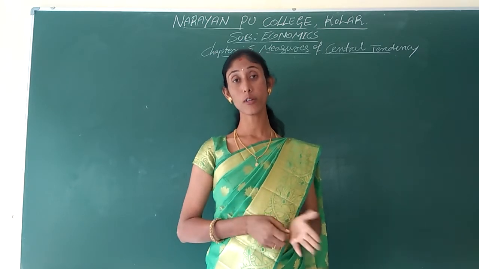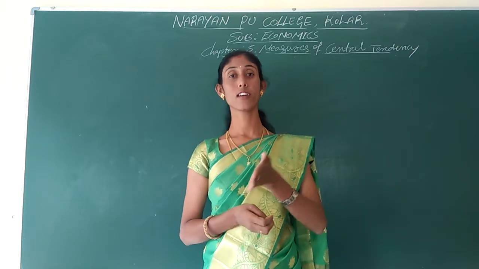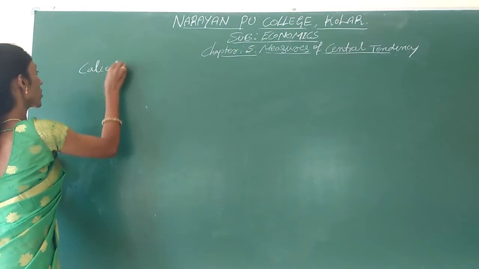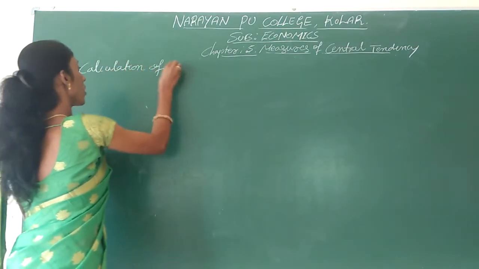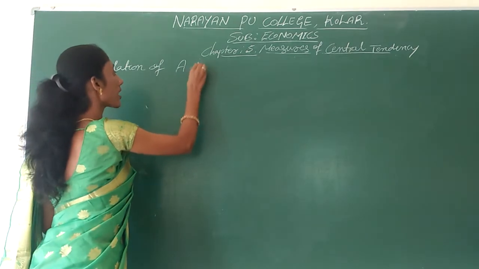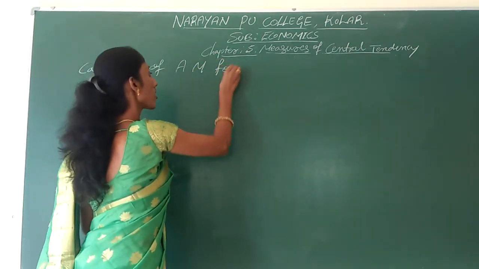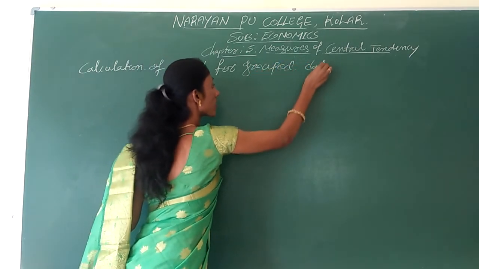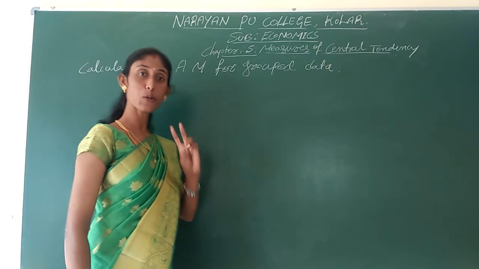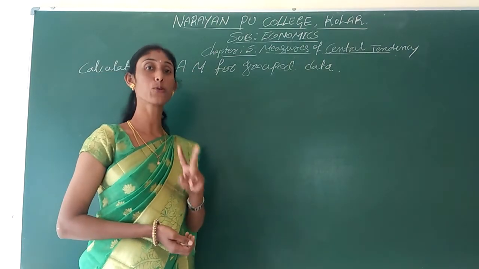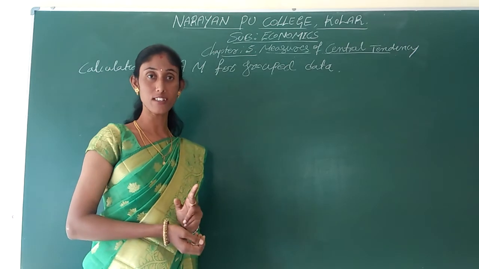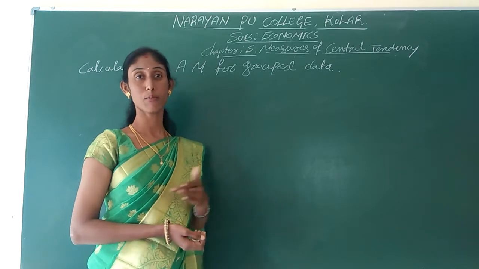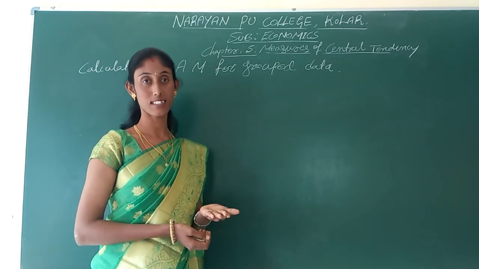But in this session, we are going to discuss arithmetic mean for grouped data. We already know that grouped data is classified into two: discrete series and continuous series. Now we are going to see how to calculate arithmetic mean for discrete series data.